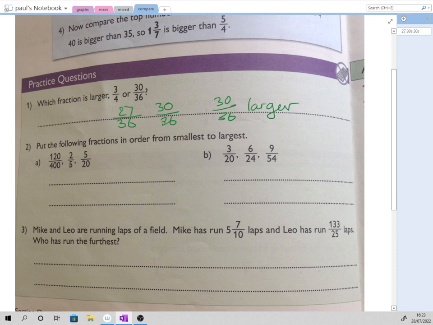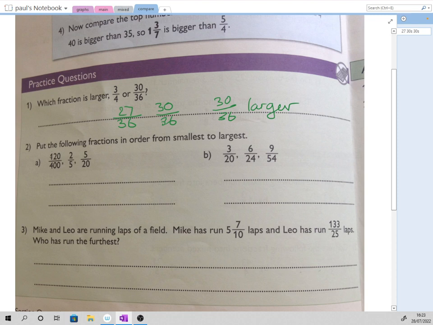Now, what are we going to do here? Because we're going to put these in order from smallest to largest, and they've given us three different denominators. So we're going to pick on the biggest denominator, or maybe I'm going to do something with this to make it more manageable.